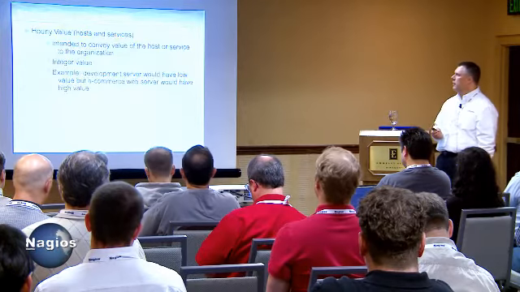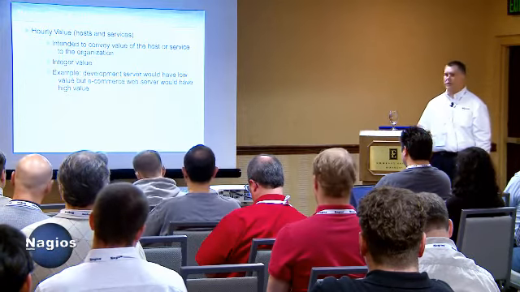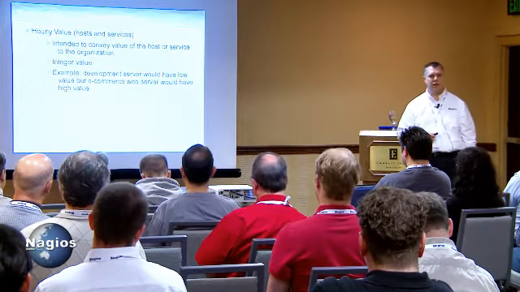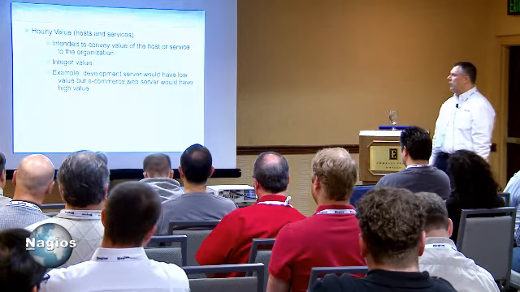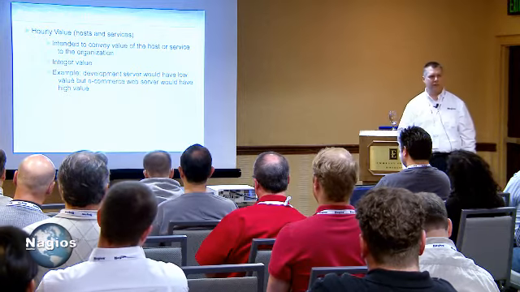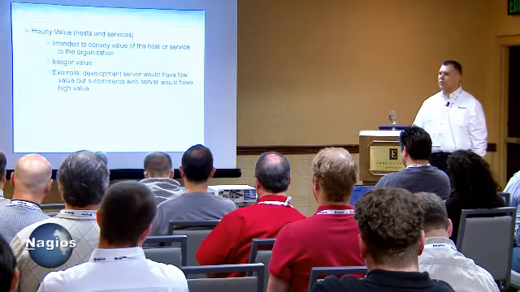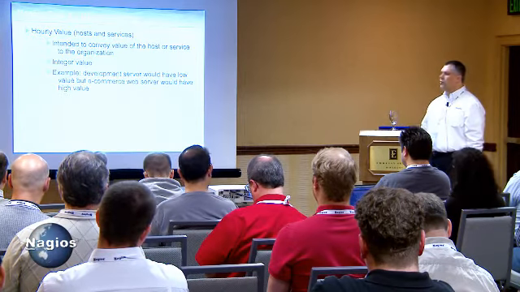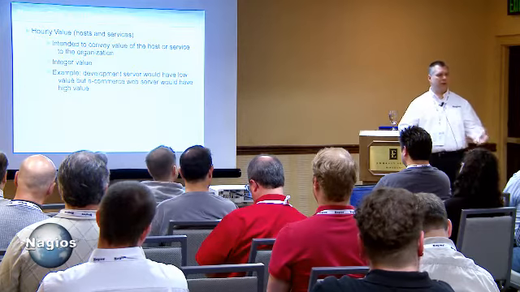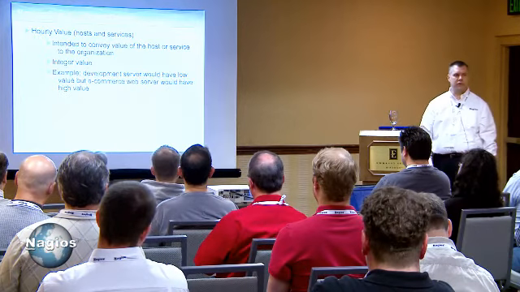All right, let's talk a little bit about some object changes. One of the new object attributes is the hourly value attribute. You can put an hourly value on either hosts or services. And the hourly value is intended to convey the value of that particular host or service to your organization.